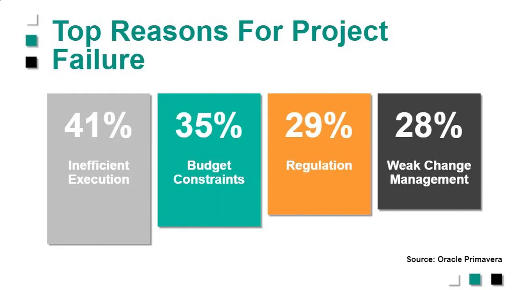So some of the key things that we find make projects fail or go over budget, if you will, is inefficient execution. Okay, this is the biggest thing. And change control.